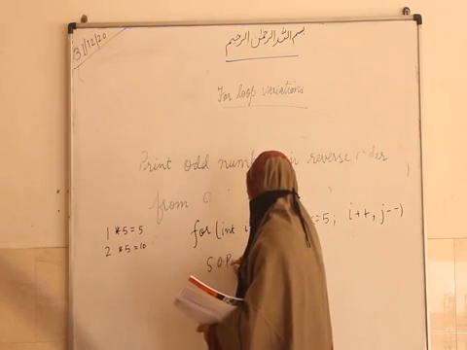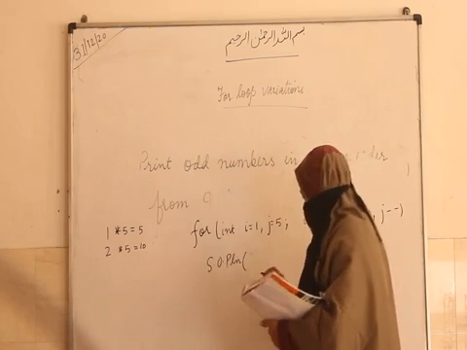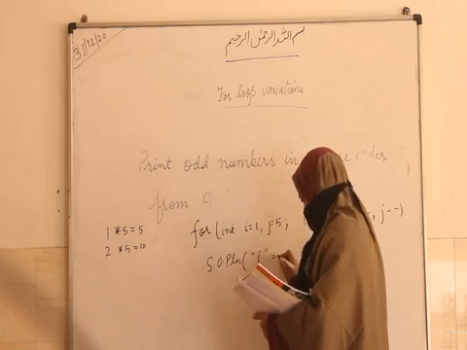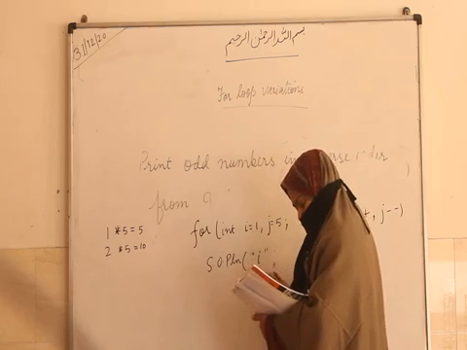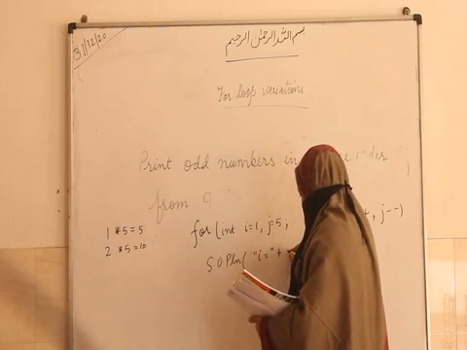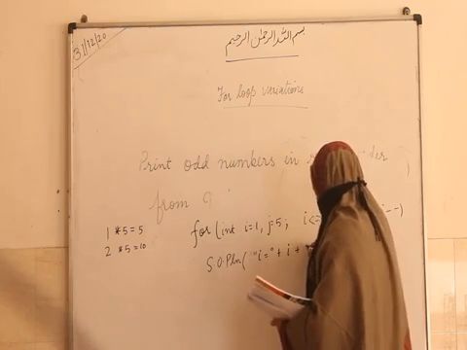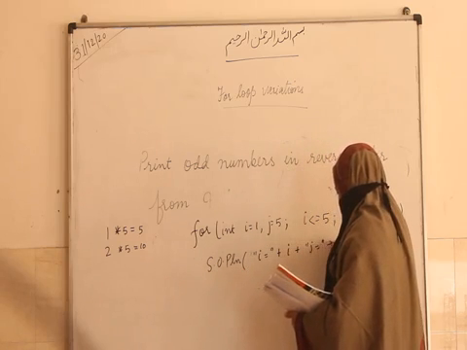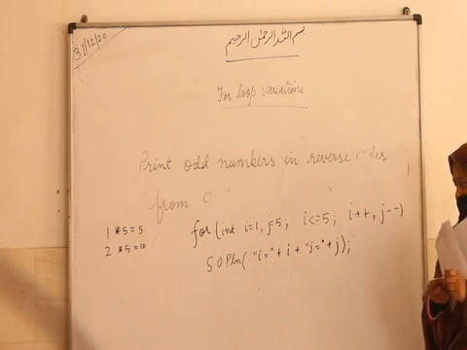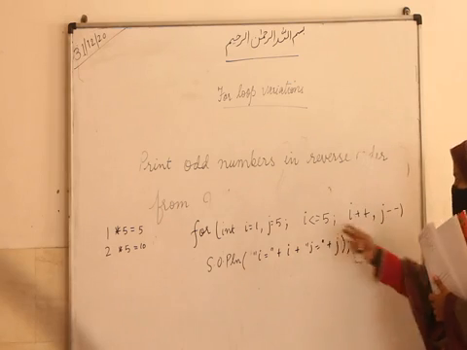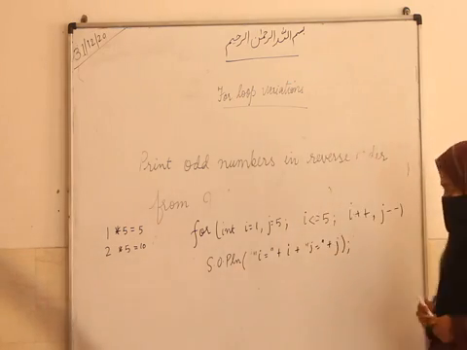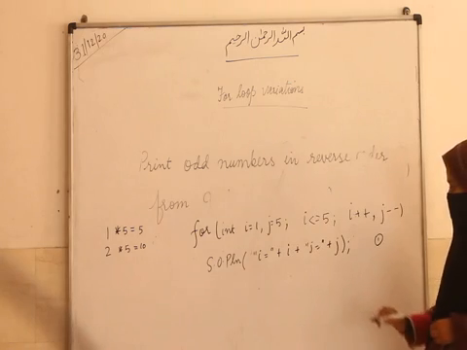And in SOPLN we have i equal to plus i, plus j equal to plus j. So you understand? It will go 5 times. Let us see what will be the output.